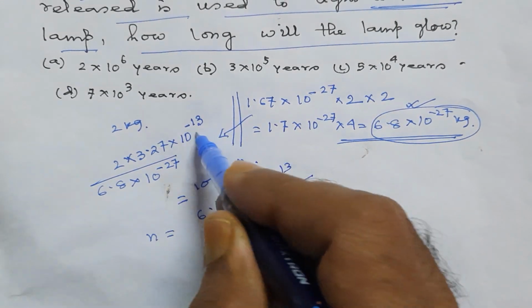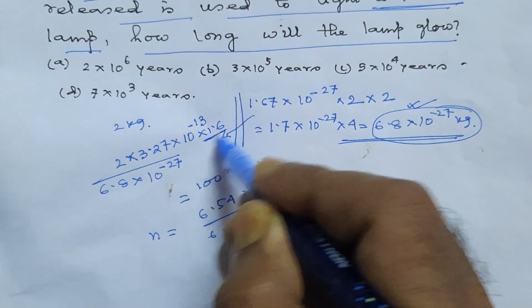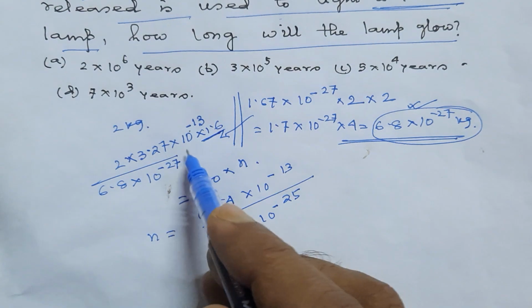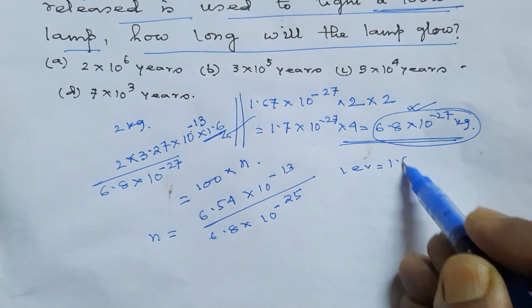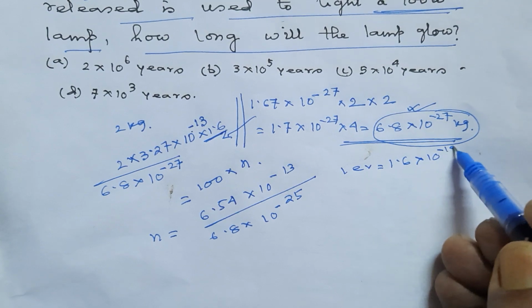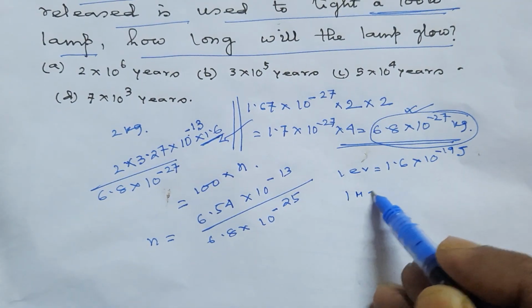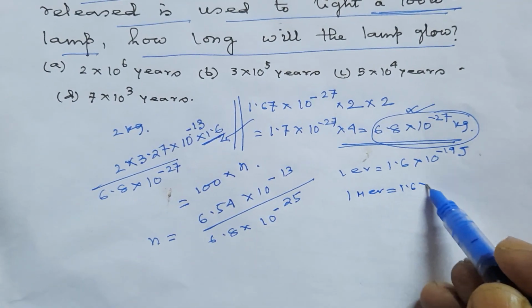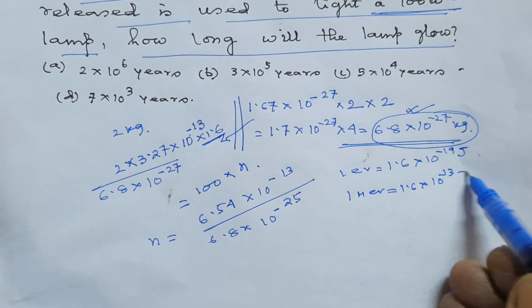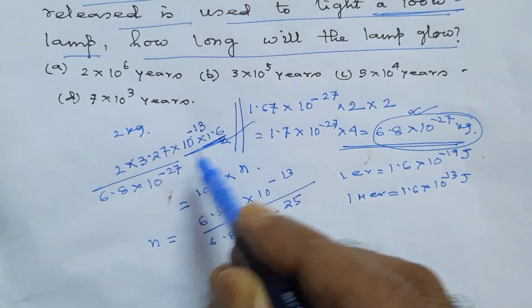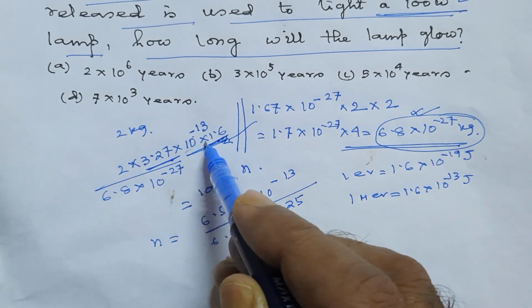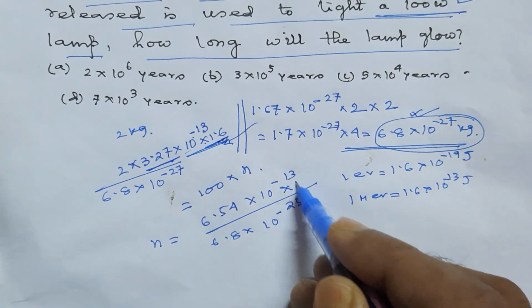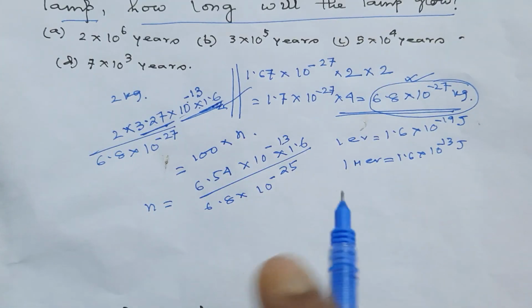Here is another 1.6. Actually 1 eV equals 1.6 into 10 to the power minus 19 joule, so 1 MeV equals 1.6 into 10 to the power minus 13 joule. So this should be multiplied: 3.27 should be multiplied by 1.6 into 10 to the power minus 13, so there should be another 1.6.